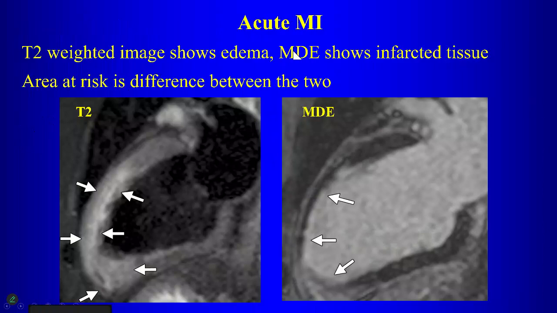The peripheral zone. So here, MDE shows our partial thickness infarct along the endocardium. But when you look at your T2-weighted image, you see that there's more edema here, okay? Then you can account for more than just looking at your areas of enhancement. So that is your area at risk.